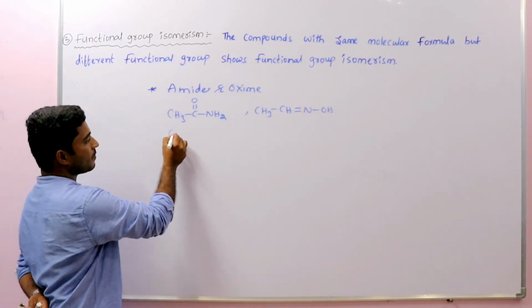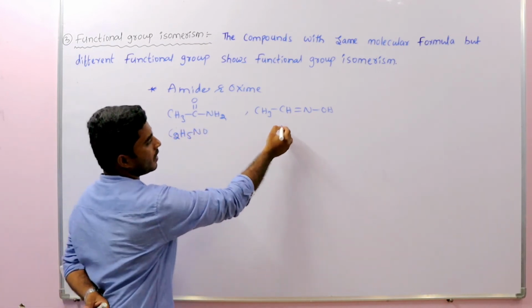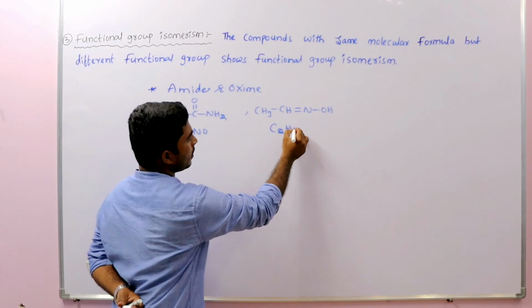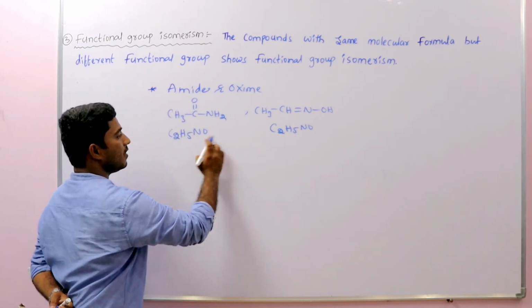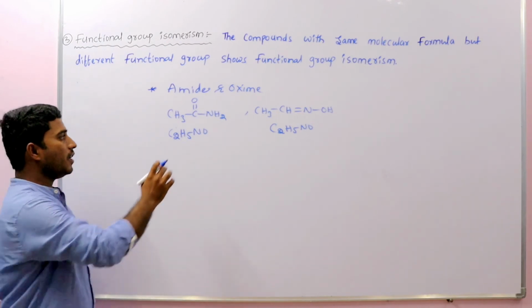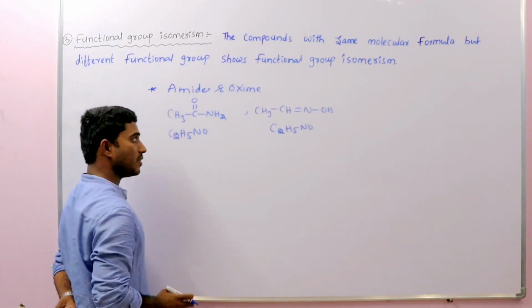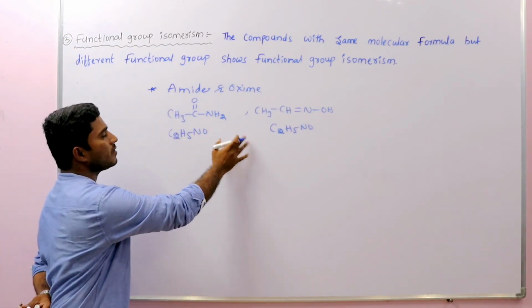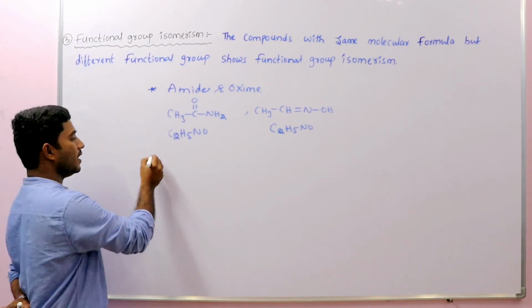Here the formula is C2H5NO, and here also C2H5NO. These two molecules have the same molecular formula but different functional groups. Here amide is the functional group, here oxime is the functional group. That's why these two molecules are called functional group isomers. Let us see the next example.